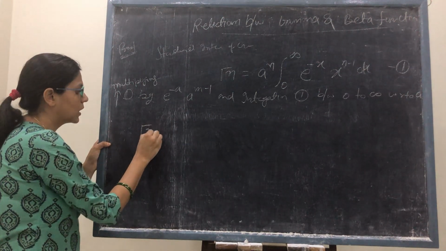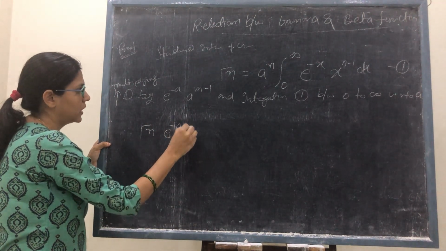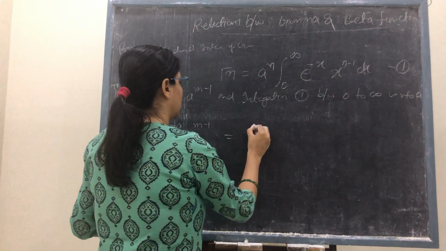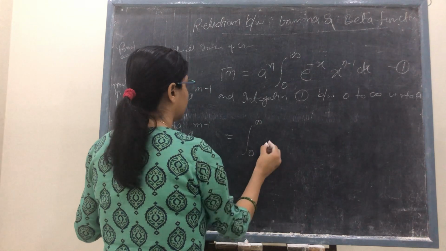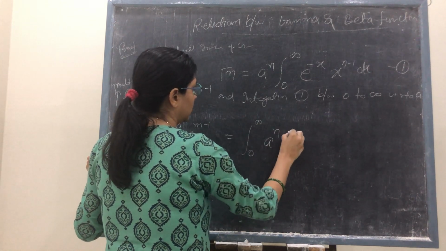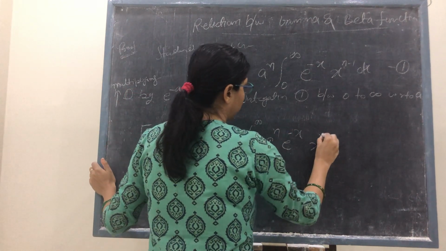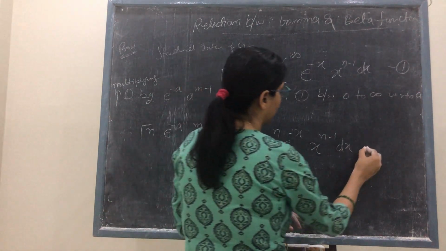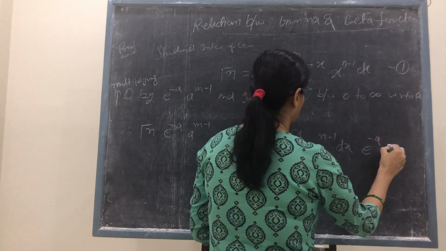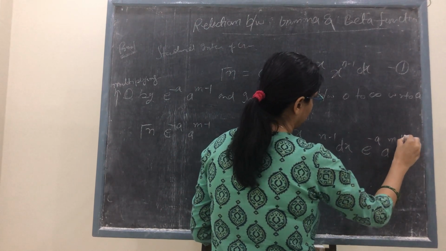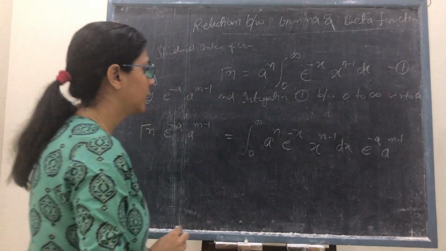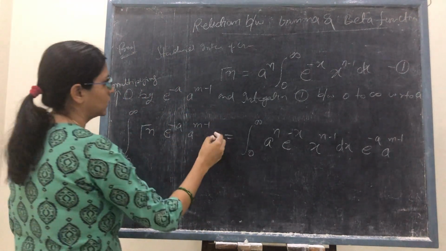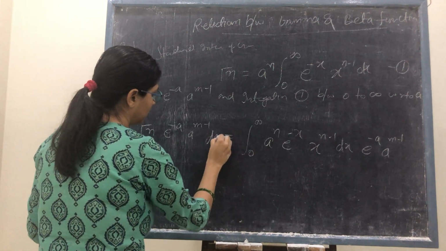So this is gamma of n, e raised to the power minus a, a raised to the power m minus 1, equals the integral 0 to infinity of a raised to the power n, e raised to the power minus ax, x raised to the power n minus 1 dx. Multiplying this by e raised to the power minus a, a raised to the power m minus 1, and integrating it from 0 to infinity with respect to a, that is dA.